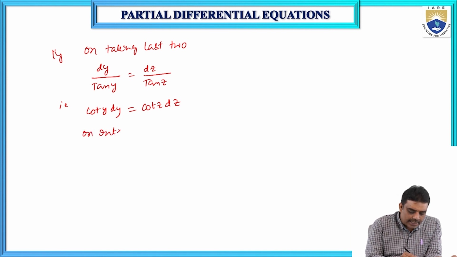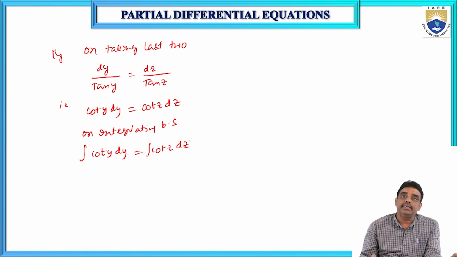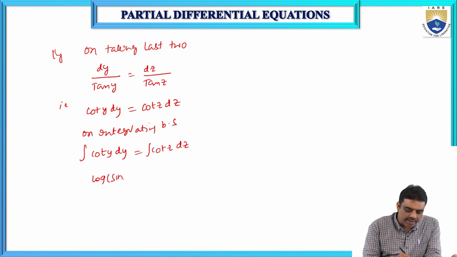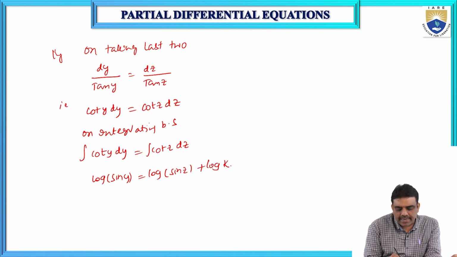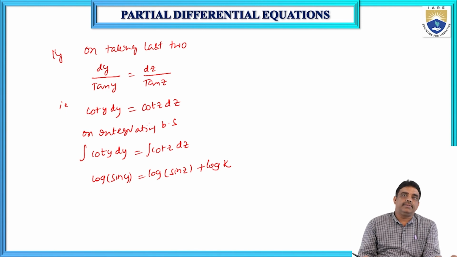So on integrating both sides, integral cot y dy is equal to integral cot z dz. Or integral cot y means it is log sin y is equal to log sin z plus some constant log k, where log k is the integrating constant.